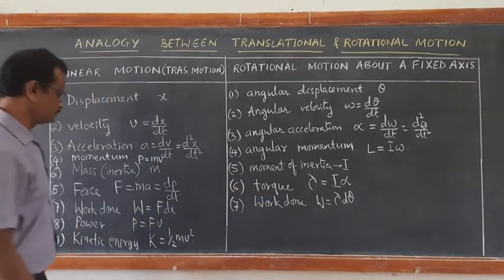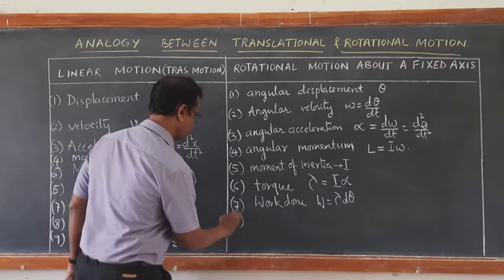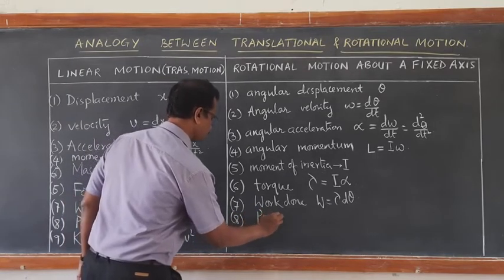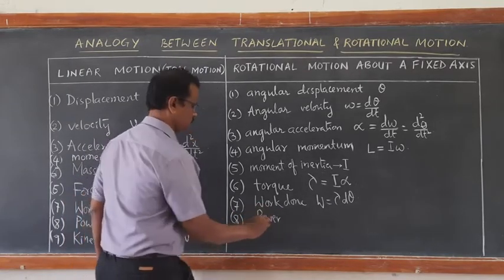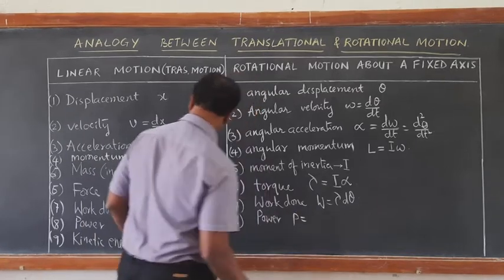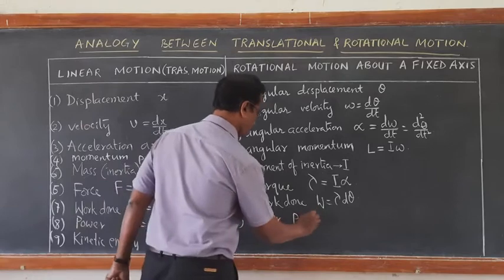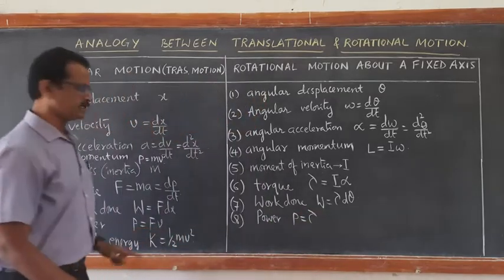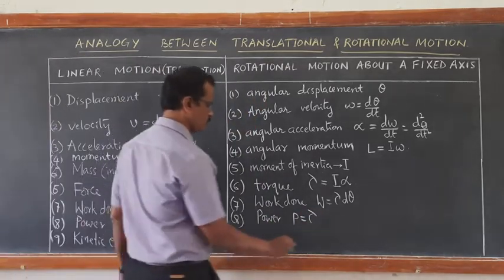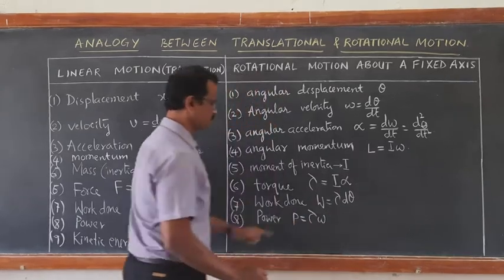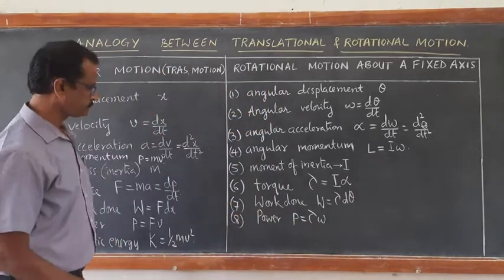Then power, on the same line, P is equal to Fv. Force is replaced by torque, and velocity is replaced by omega, angular velocity. This is what we have derived.